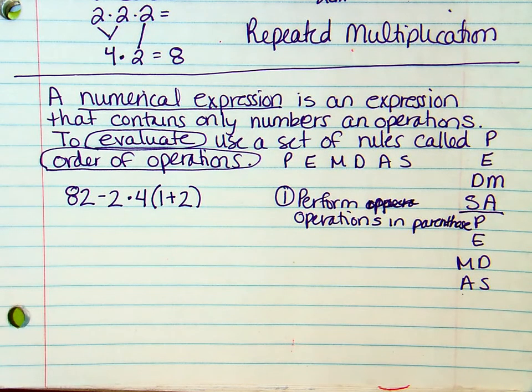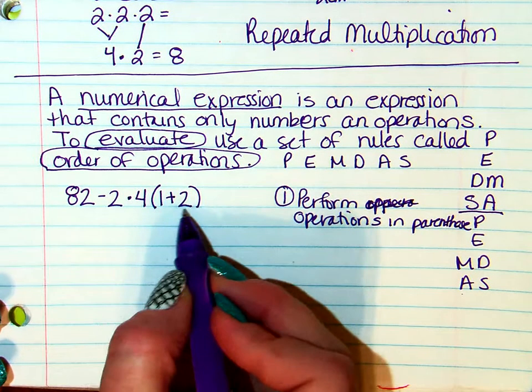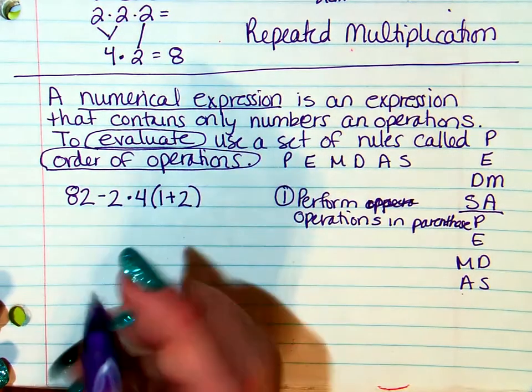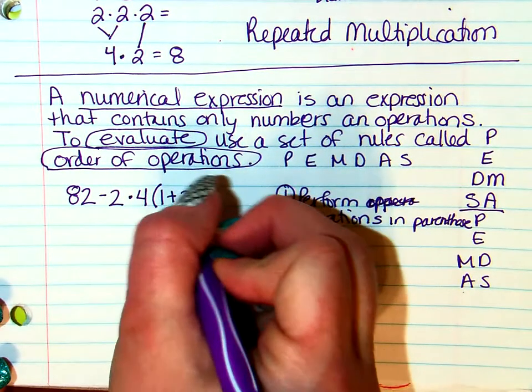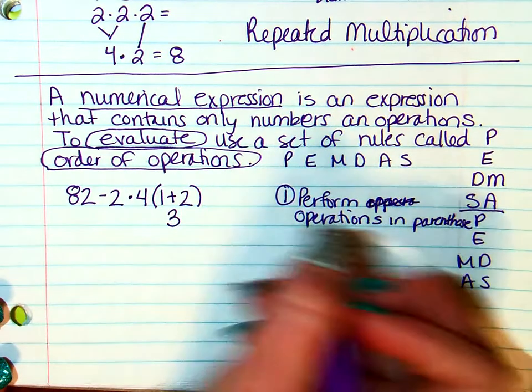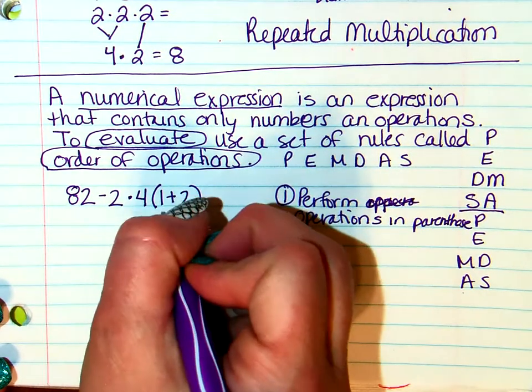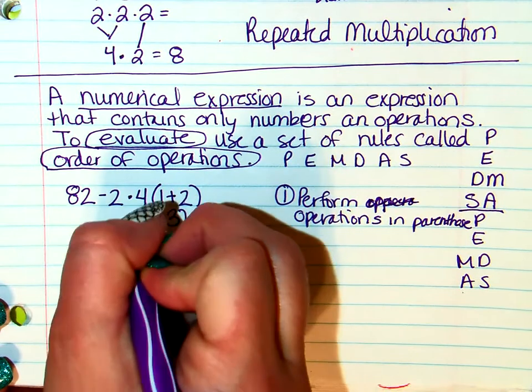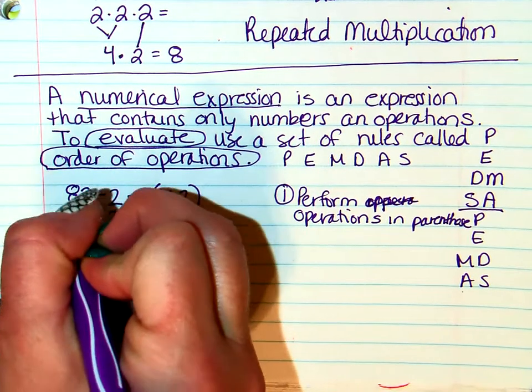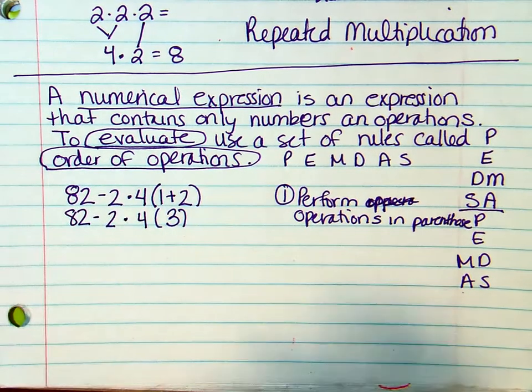If you have brackets, anything like that that separates your math out. So in this case, we have these parentheses here. So we're going to solve 1 plus 2 is 3. Okay. Now, I'm going to keep all the rest of this the same so I don't lose anything. It's easy to miss some steps if you rewrite everything. Okay. So this was step 1.